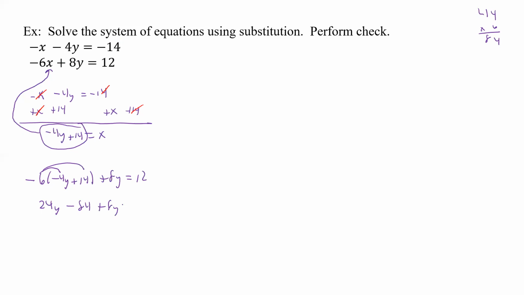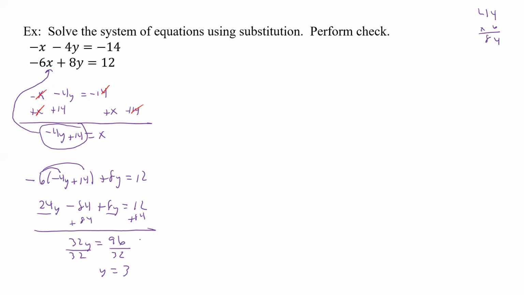Plus 8y equals 12. So add 84. Now like terms here, so that's going to give me 32y equals 96. Divide by 32, and y is equal to, looks like, 3.